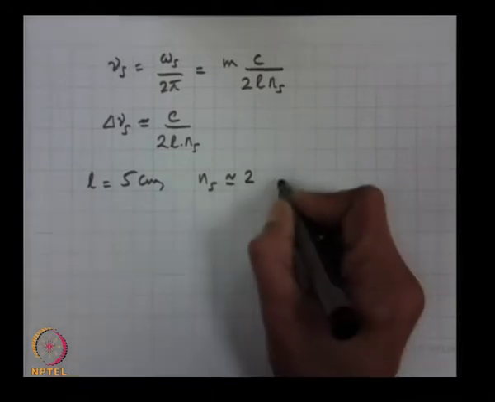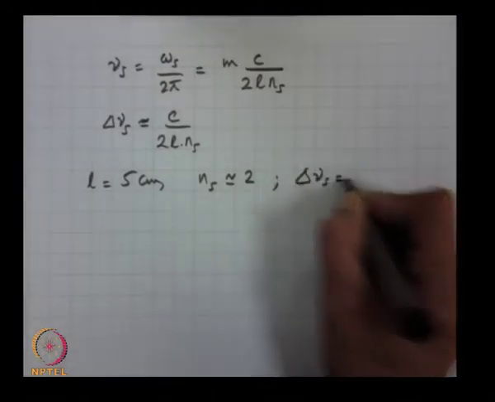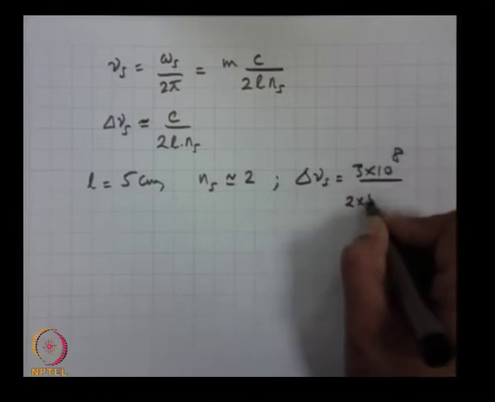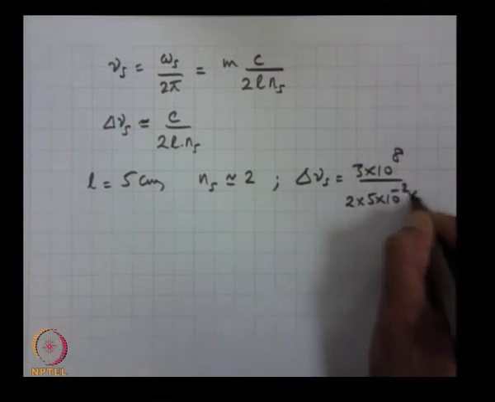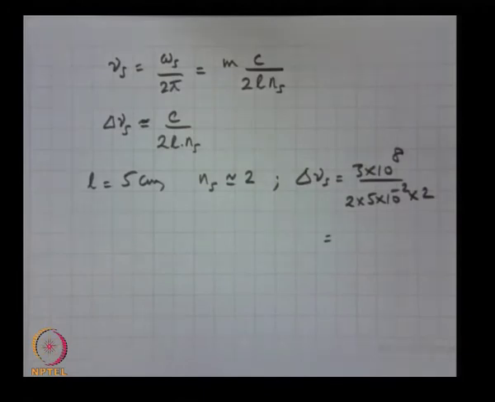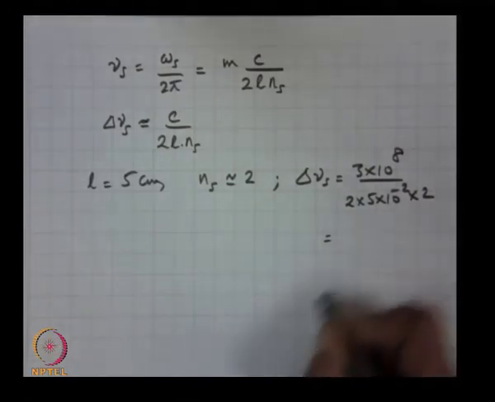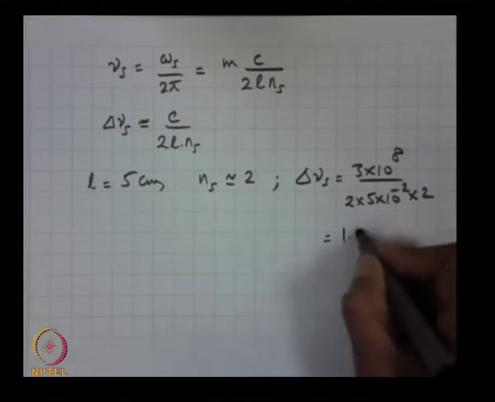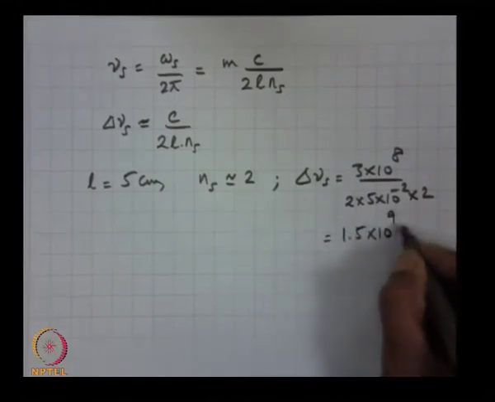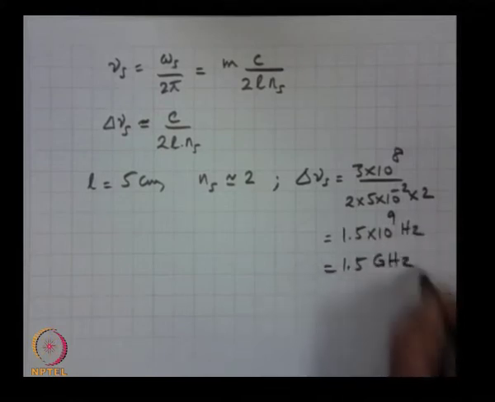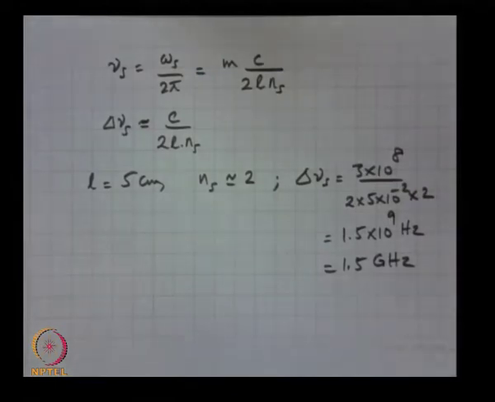So delta nu s comes out to be 3 × 10⁸ by 2 into 5 × 10⁻² into 2, which is equal to 1.5 into 10 power 9 hertz. So that's 1.5 gigahertz. The frequency spacing is about 1.5 gigahertz.